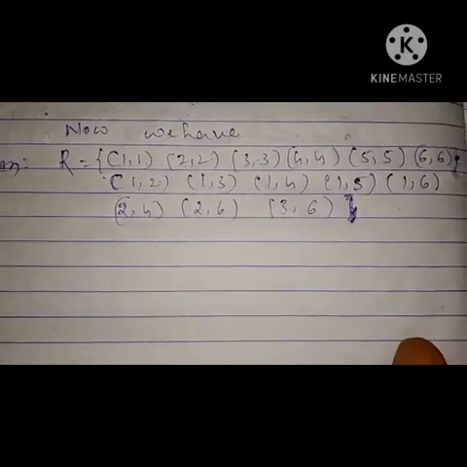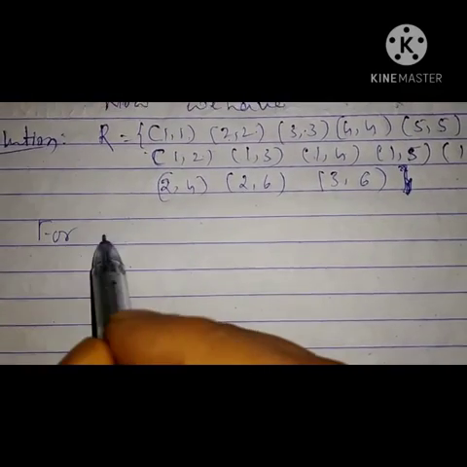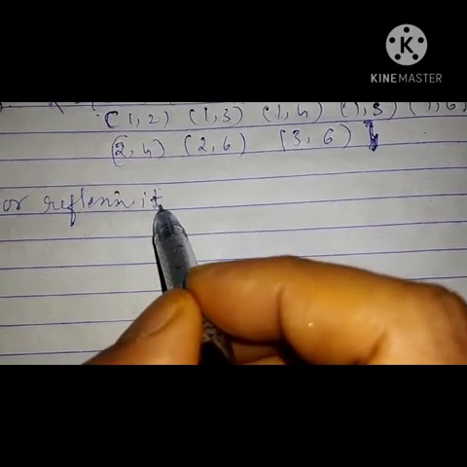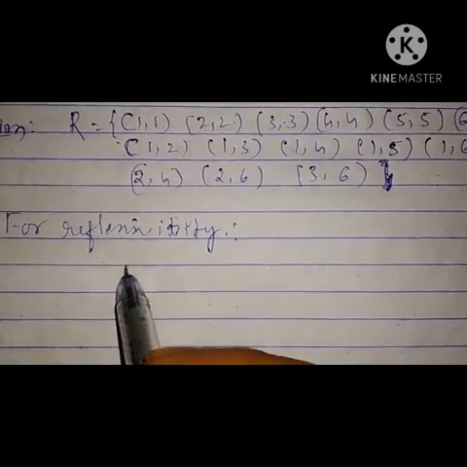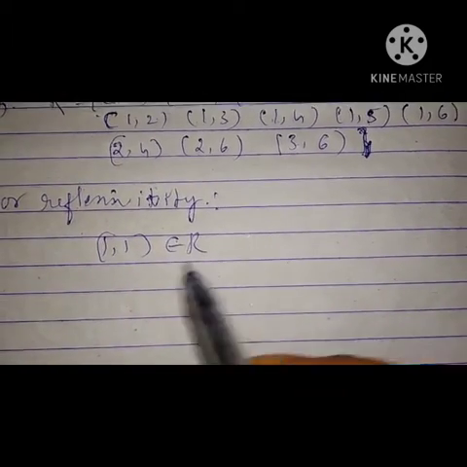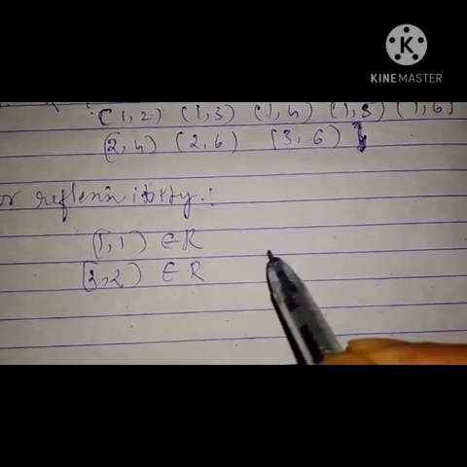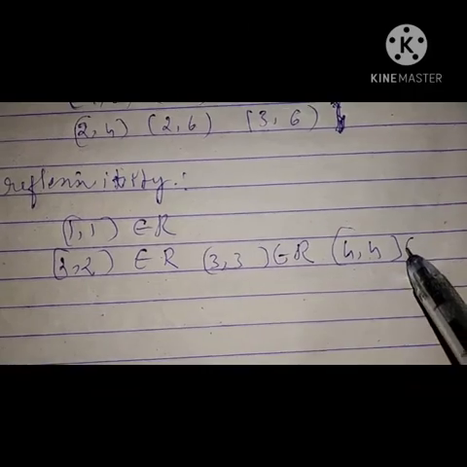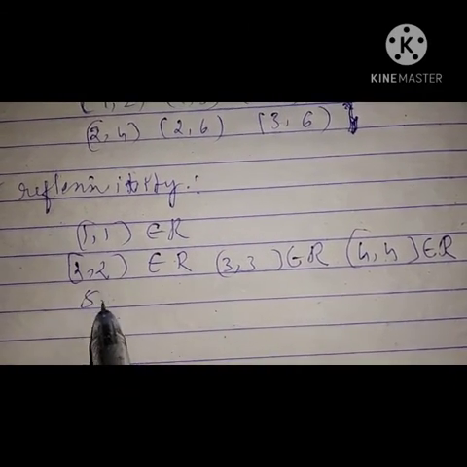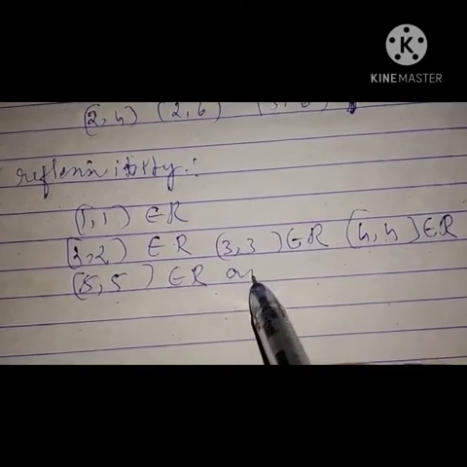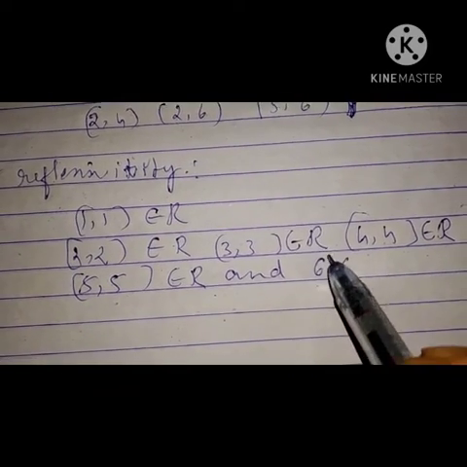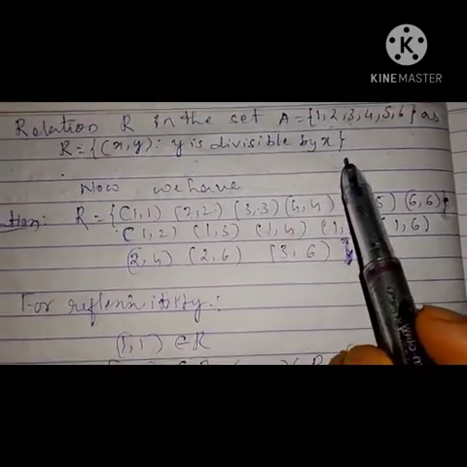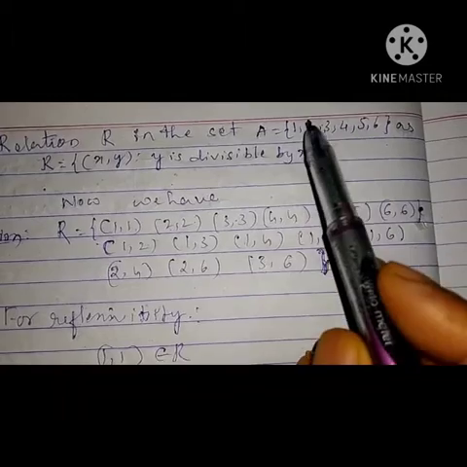So we check for reflexivity. (1, 1) belongs to R, (2, 2) belongs to R, (3, 3) belongs to R, (4, 4) belongs to R, (5, 5) belongs to R, and (6, 6) belongs to R. It is clear that all elements of set A are related to themselves.